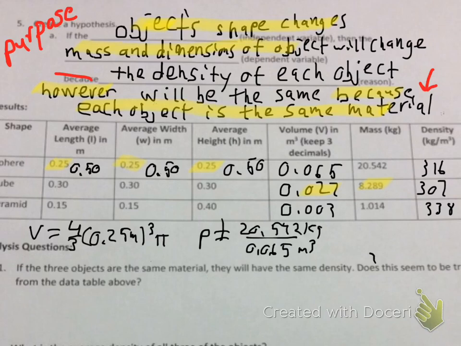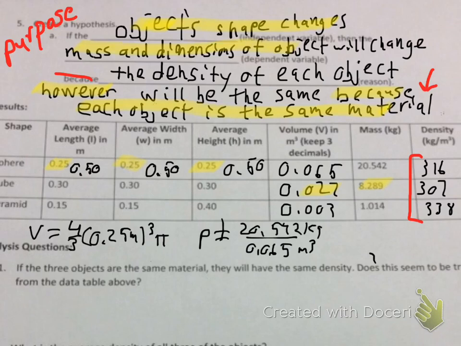So, our first analysis question: if the objects are the same material, they will have the same density. Does this seem to be true? Okay, so there's definitely some difference here, but they're relatively close.